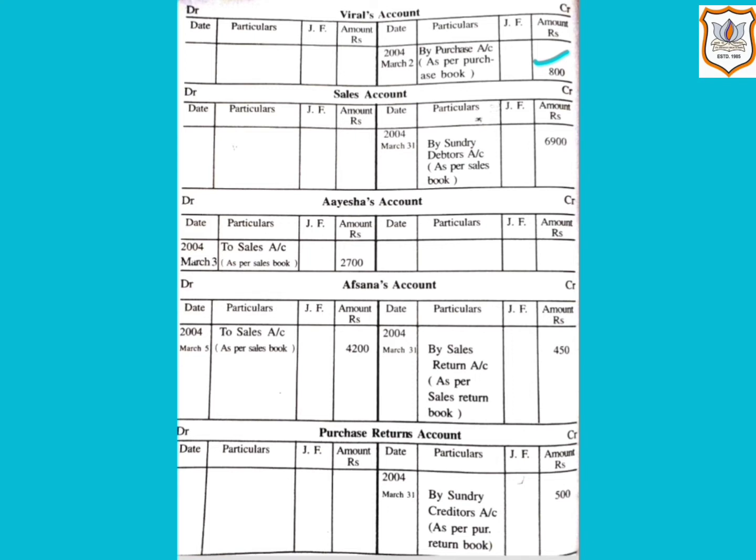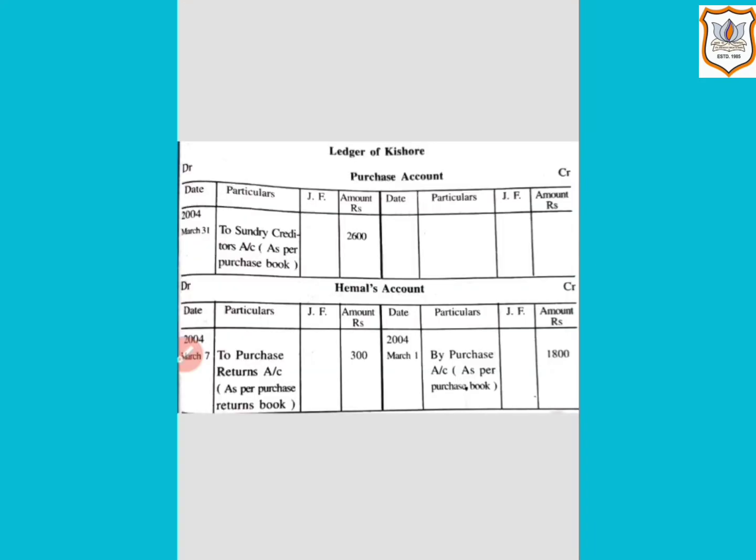So here one thing you must notice: the purchase account is debited by rupees 2600, and Hemal's account is credited by rupees 1800.